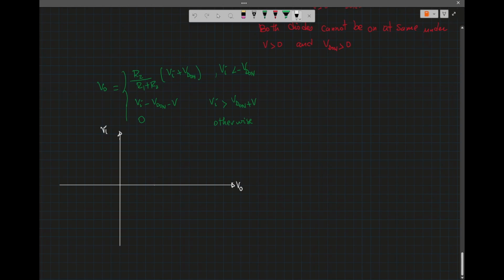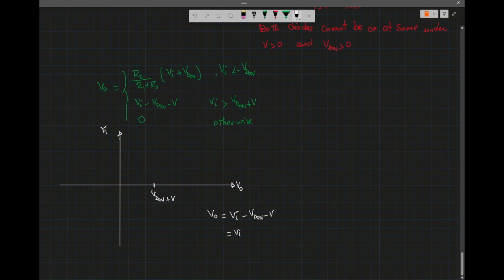So let's look at this closely. So when VI is bigger than VD on plus V, we have V0 equal to VI minus VD on minus V.